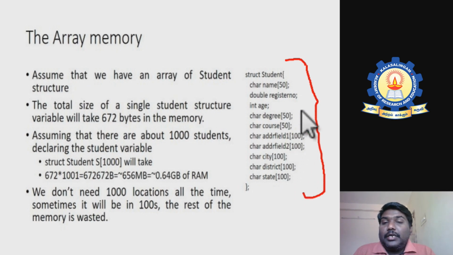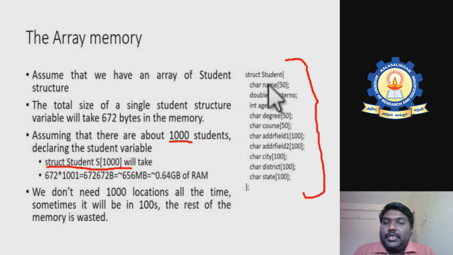So these are some personal details of the students. If we are getting these details and storing them as an array, assuming I have about 1000 students in my college or class, I have to make the array size the maximum when declaring this array in C. The way we declare it is struct student s[1000], and how much memory will the total size of this array take?